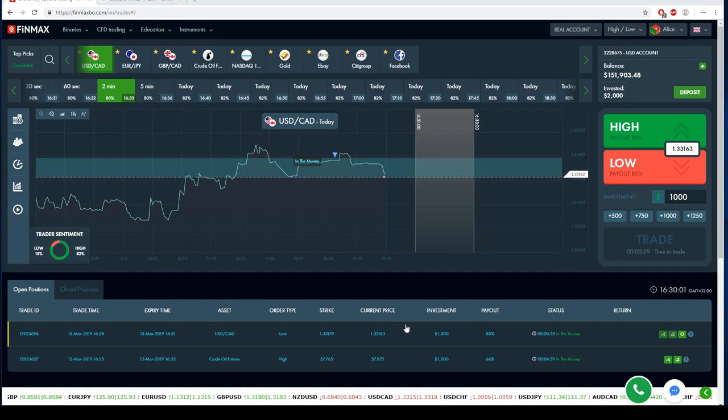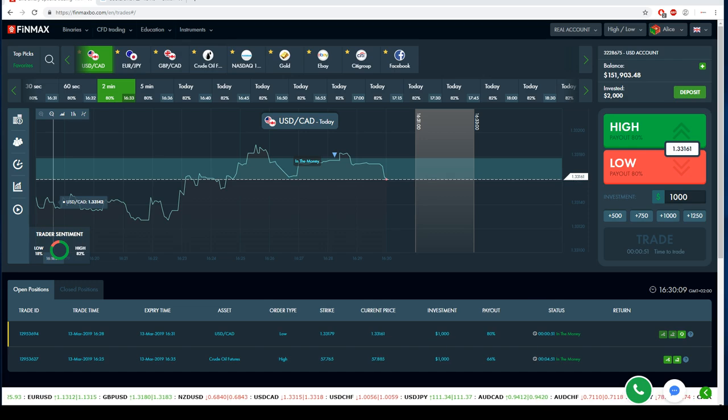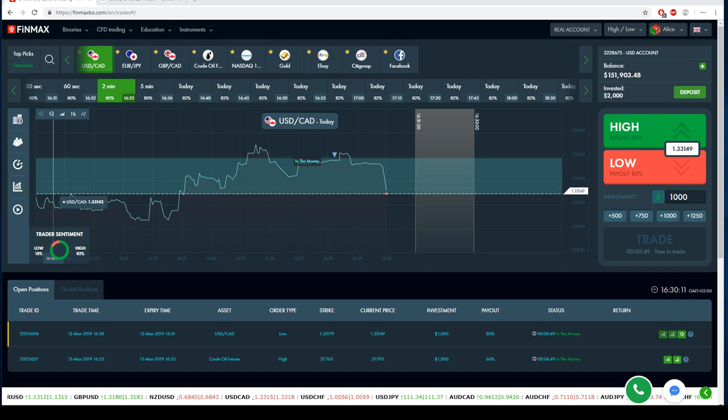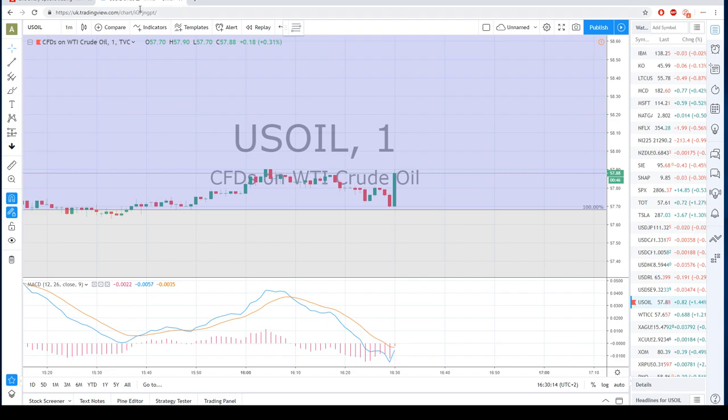Okay, so what we have, and we see that the oil price jumped up, so there is the probability that the number of the inventories dropped. Let's see how it really is.